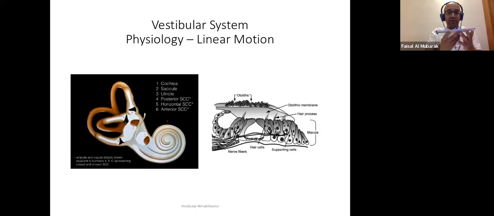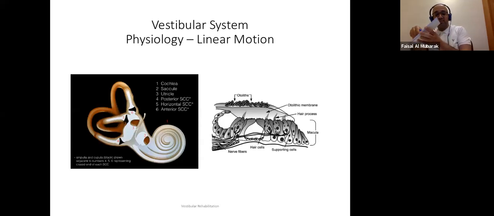If someone is going forward, because of gravity these rocks will go down and push. At the same time, there is a pull in the other side, at the back. So there is a push here and a pull here.